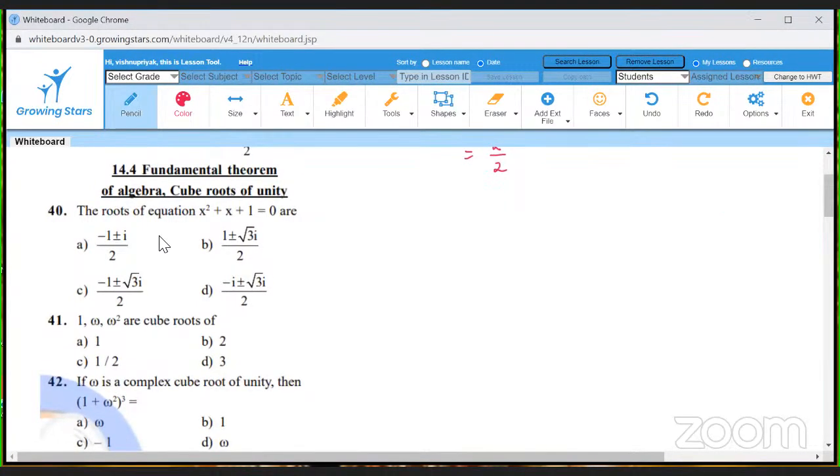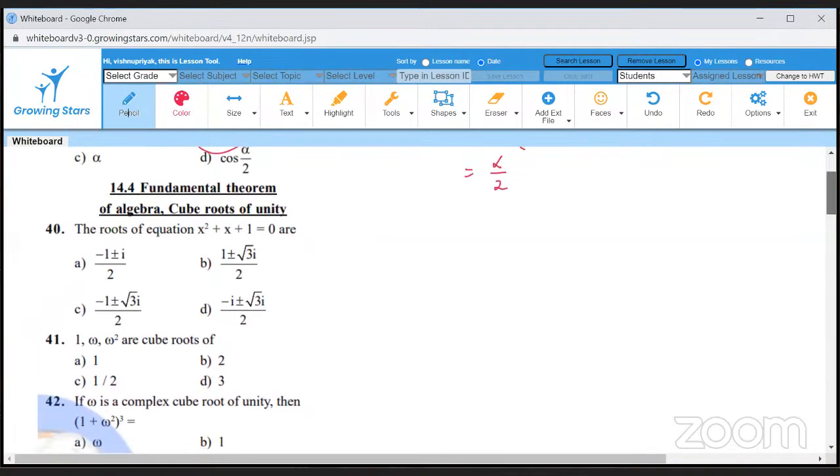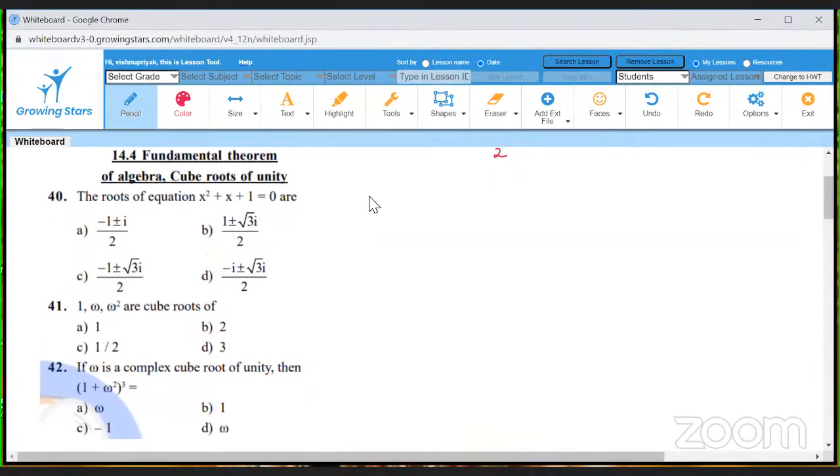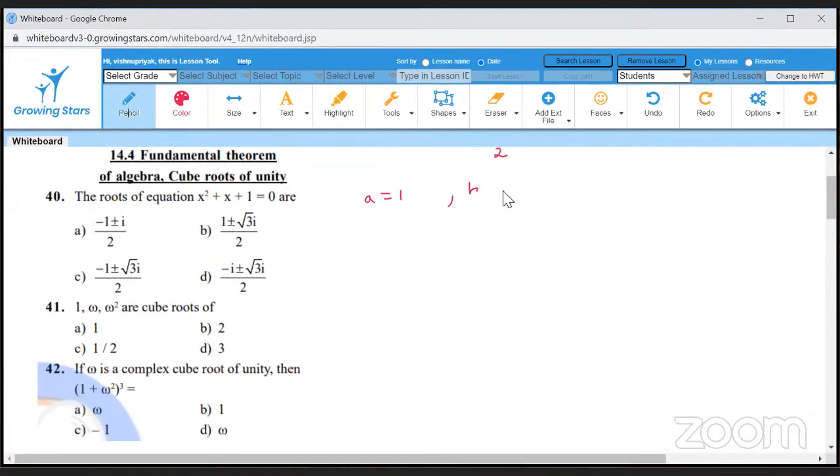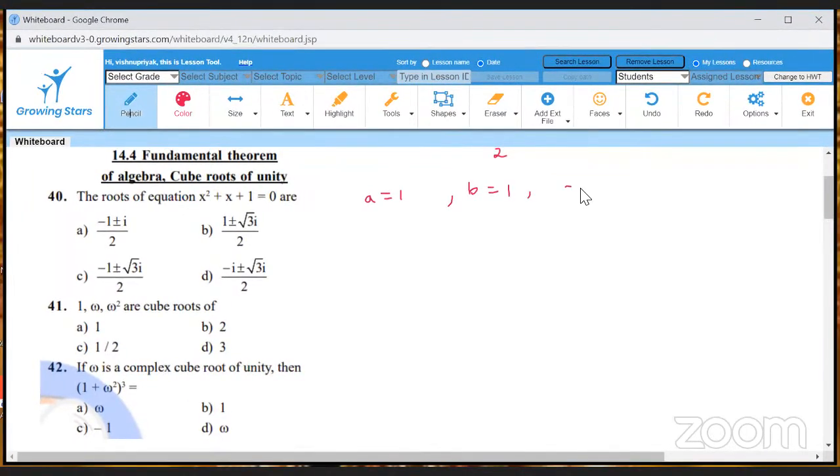Next, question number 40. Roots of the equation. After doing 40, 41, 42, I'll give you homework. Here in this equation, A is 1, B is 1, C is 1. You can use the quadratic formula.